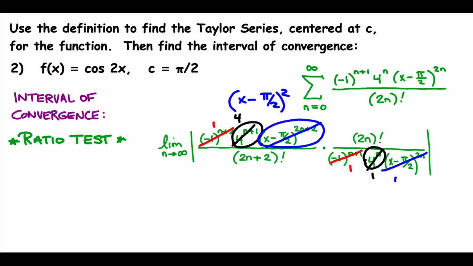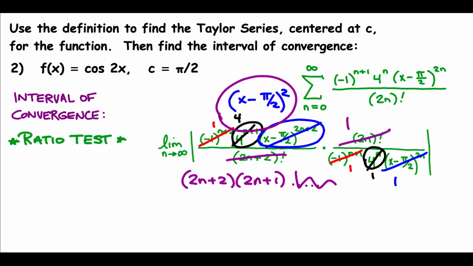That's going to cancel those away. So for the factorials now, we have 2n plus 2 times 2n plus 1 times 2n and so forth. But the rest of it's just going to cancel with this up here. That's going to cancel that part out. So all in all, we're left with the 4, and a pair of x minus pi over 2's.